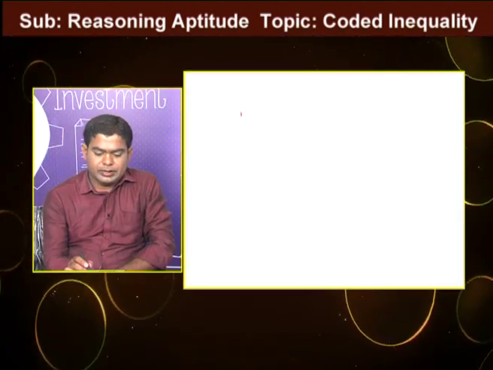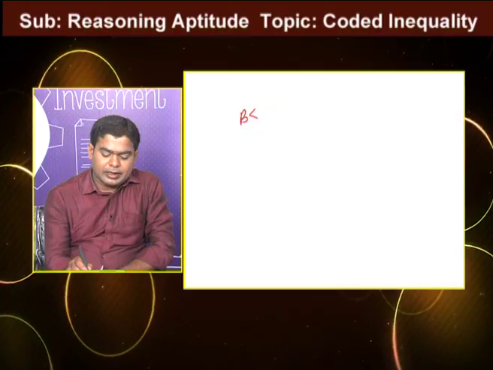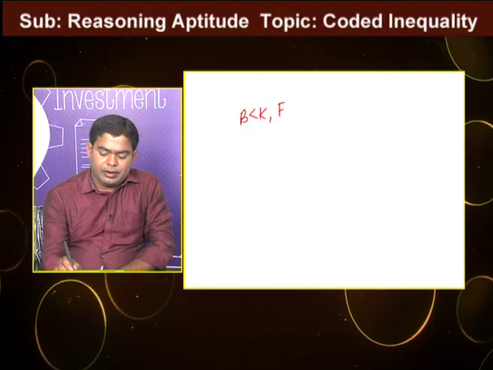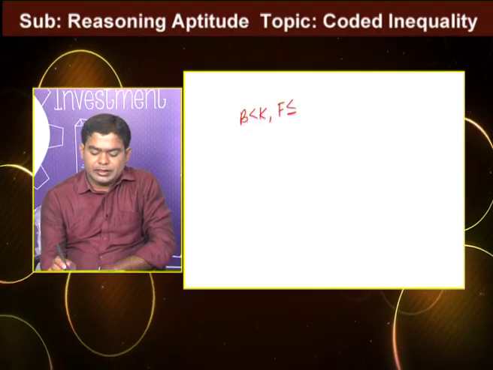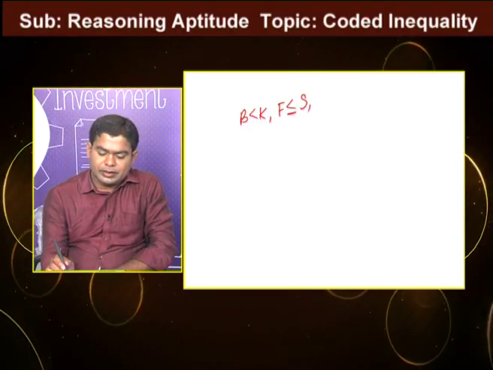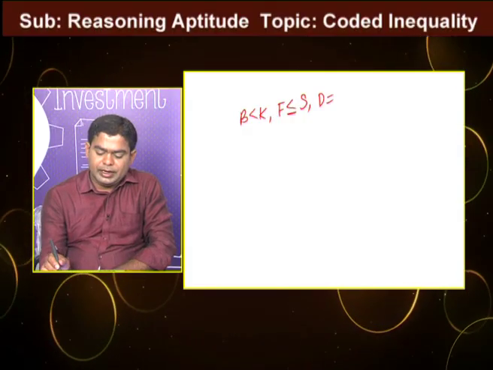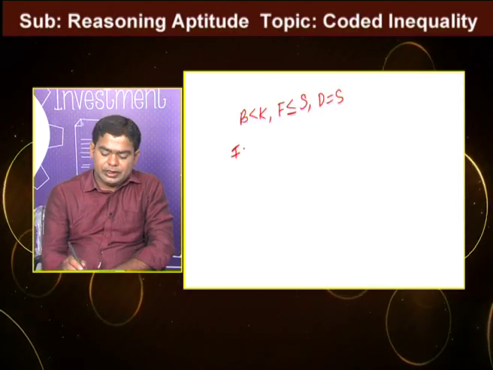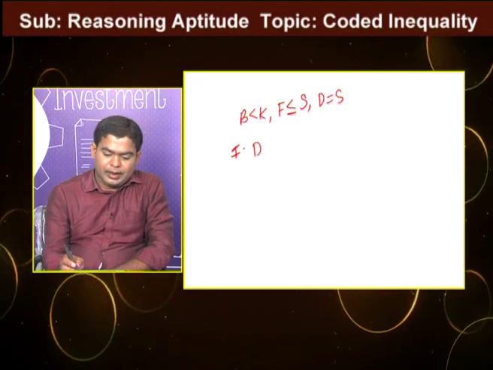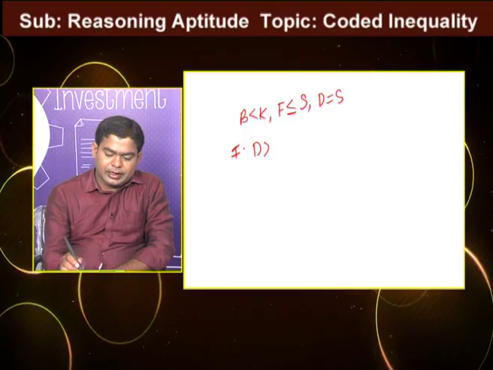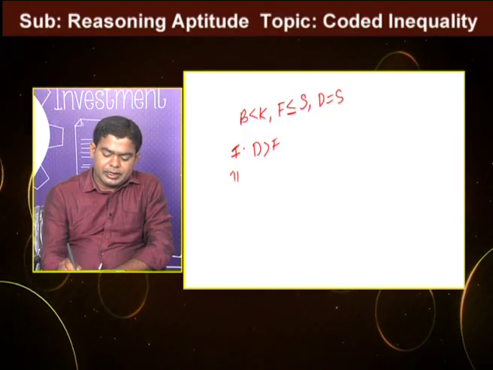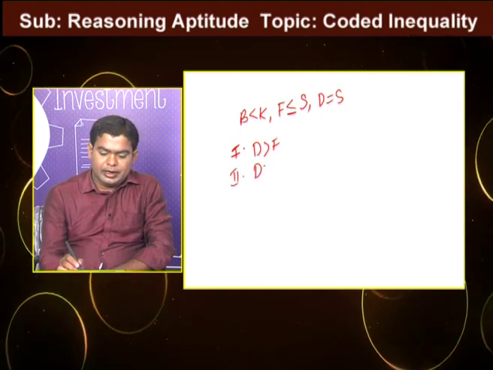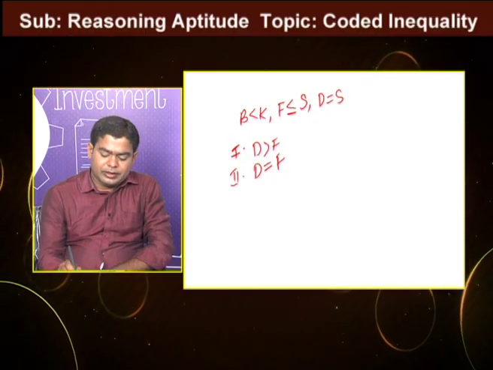The statement is B dollar K, dollar represents less than, that means B less than K. Then Z delta B, delta is denoted equal, that means Z equal to B. Then T nabla Z, nabla is denoted less than or equal to, that means T less than or equal to Z.